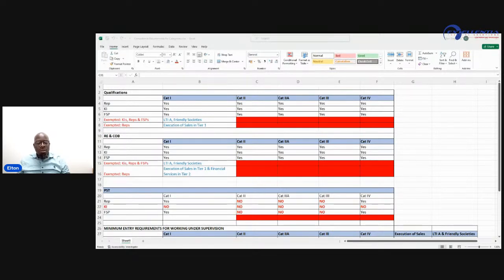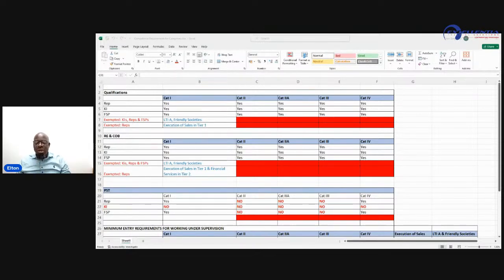Now, let's talk about product-specific training. Product-specific training is an interesting one because it applies more in Cat 1 and Cat 4. It's more of a requirement in Cat 1 or Cat 4. But it's important also to note that it applies to our reps and our FSPs only.